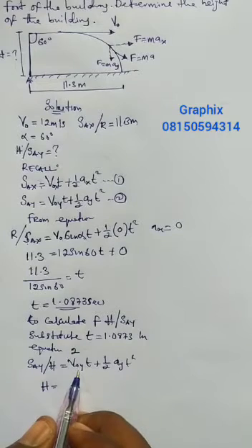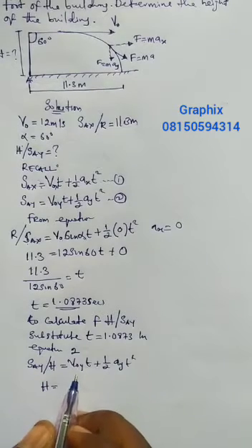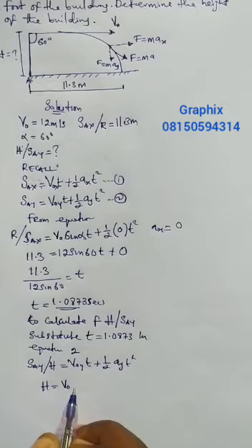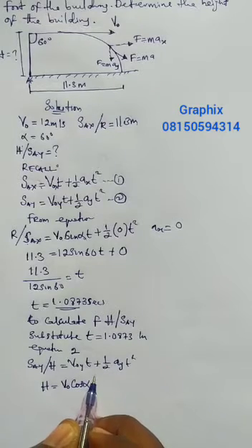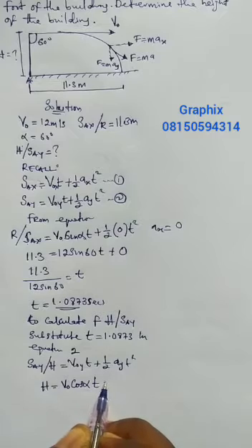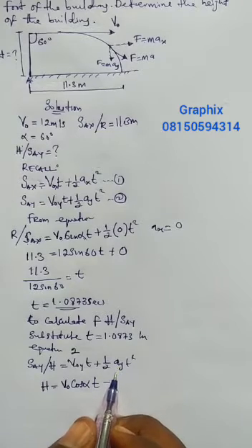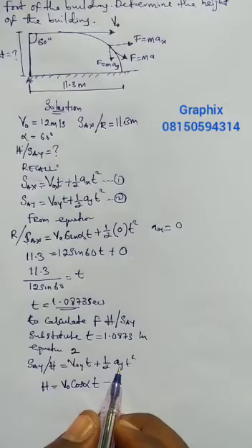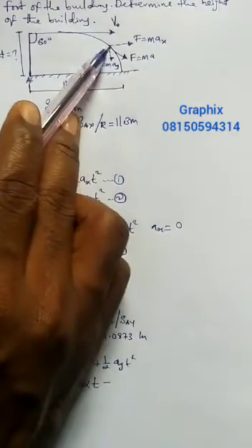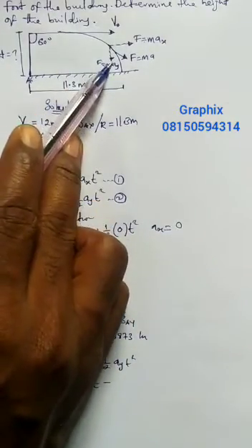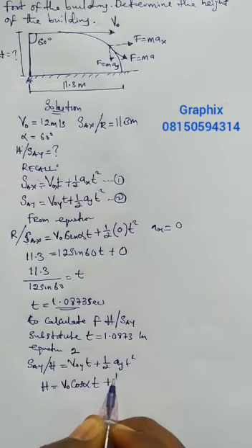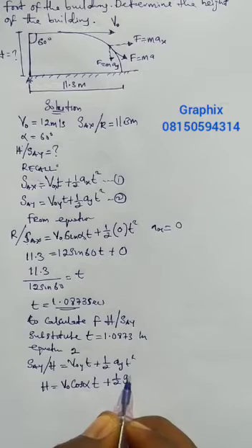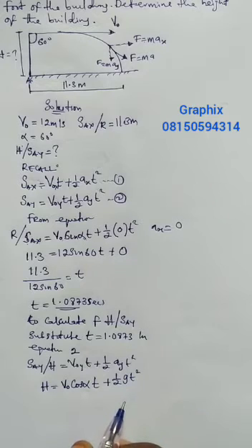The V0Y would be V0 cos alpha T, plus the acceleration. Now if you look at this, it's coming down, so it is favoring gravity, so it will be plus 1/2 G T squared.